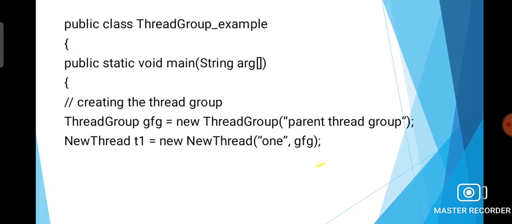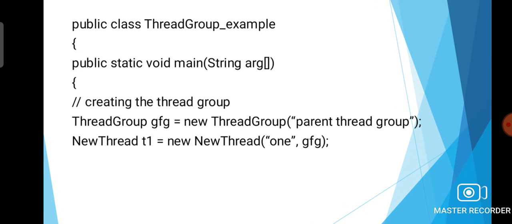Then in the main method, we are creating the thread group with the object name GFG, and the name of the thread group is "parent thread group". Then we are creating our individual threads. The first thread is T1. During the thread creation, we are providing two values for the two parameters.